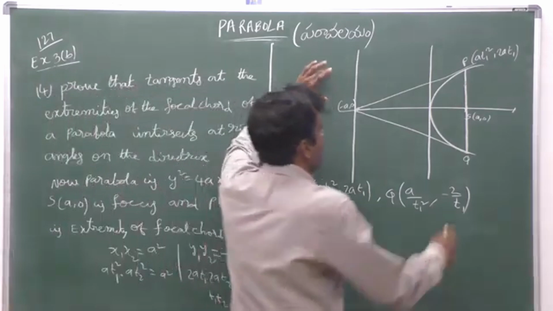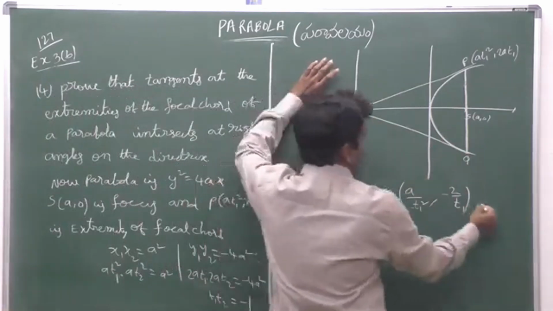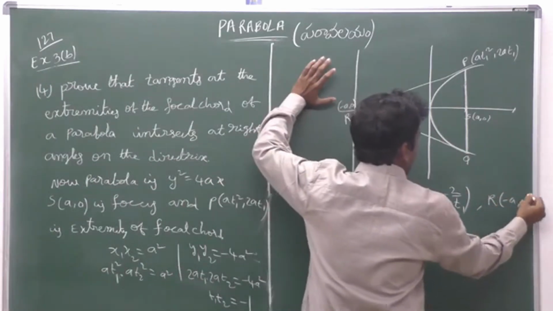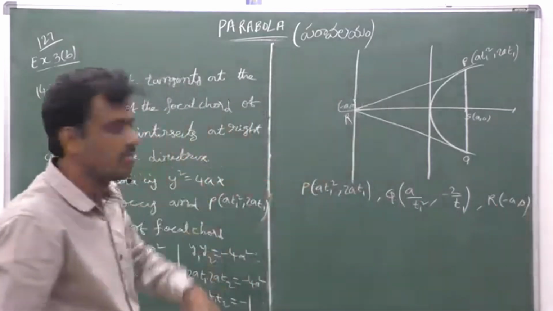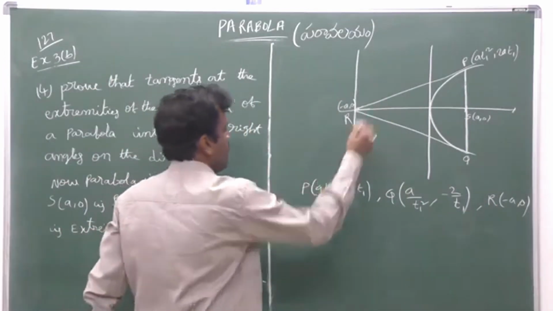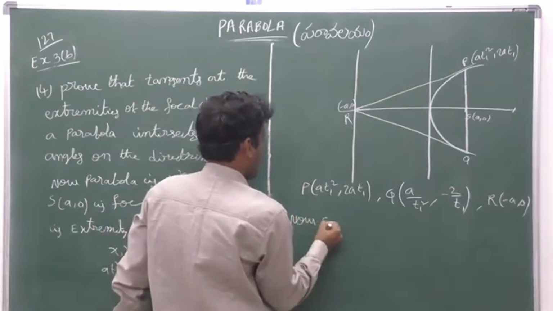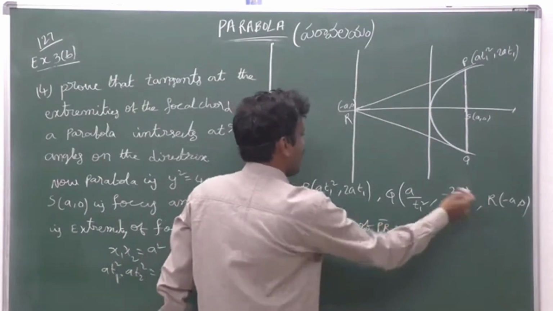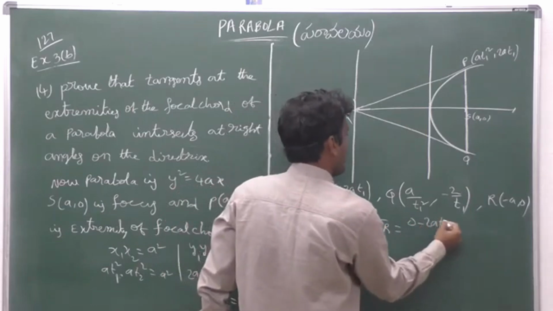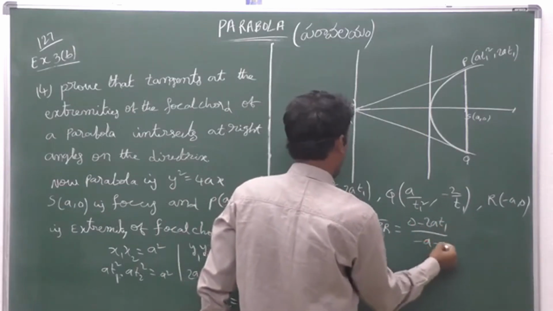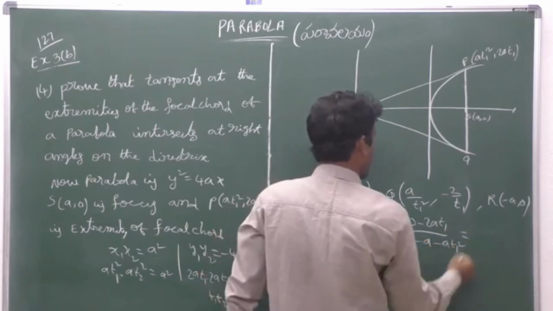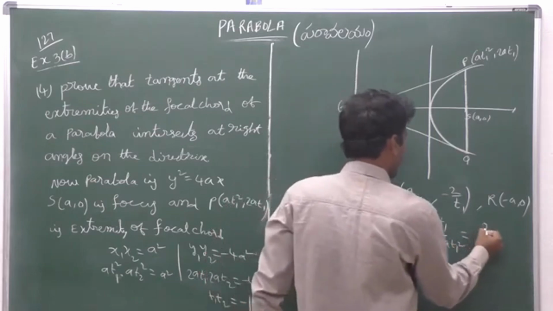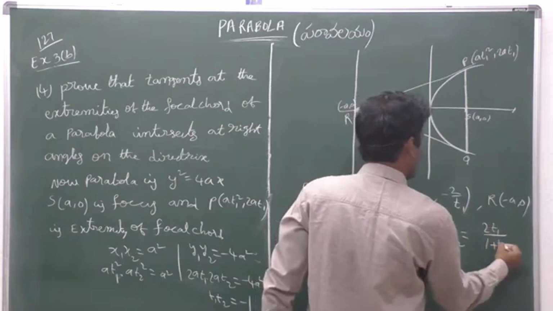Next, P, Q, R. R is (-a, 0). Now slope of PR is (y2 - y1)/(x2 - x1). A cancels out, 2t1/(1 + t1²).